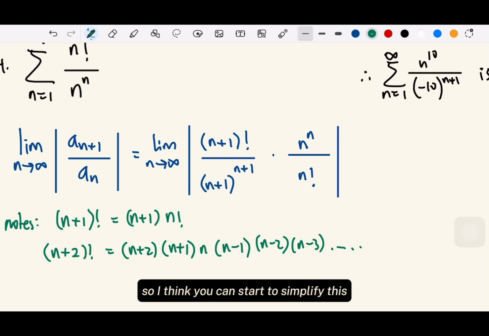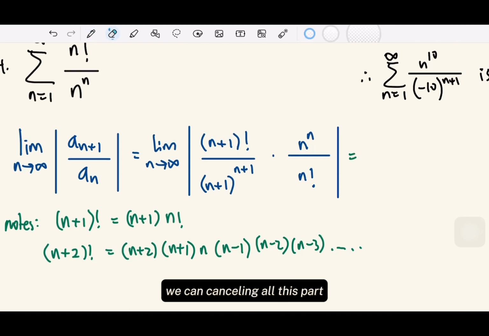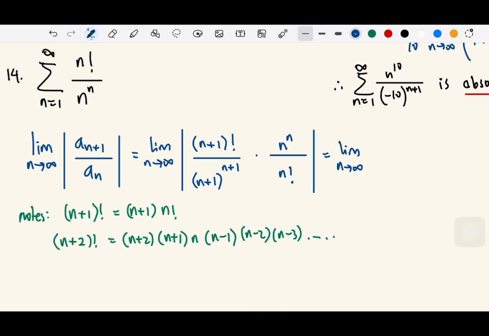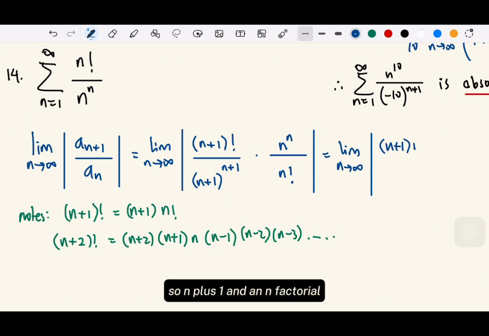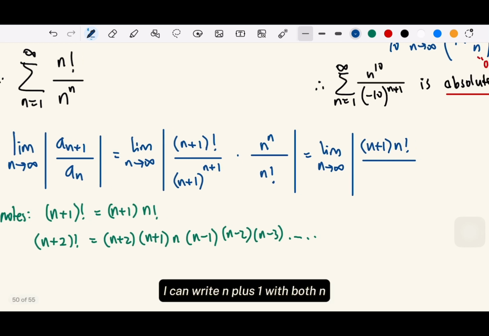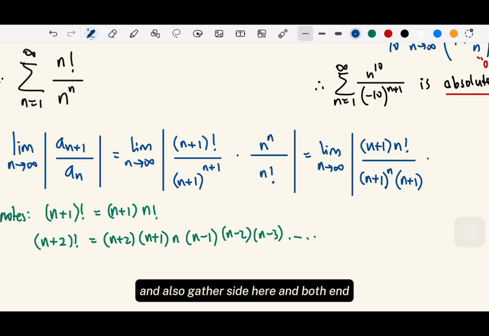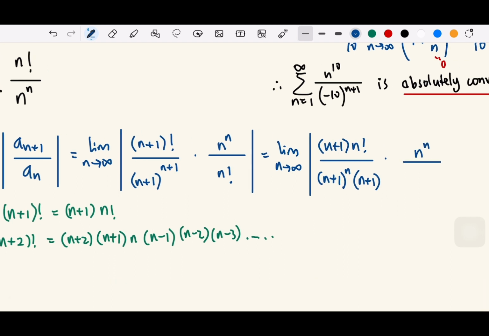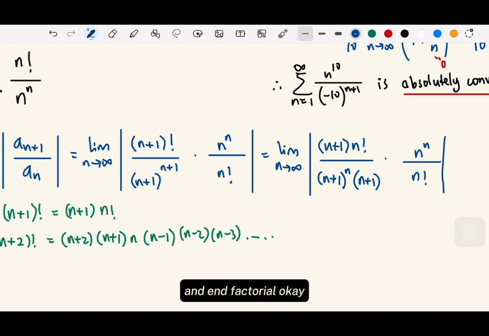So I think we can start to simplify this, canceling all this part. So (n+1) and then n factorial. And for the bottom, I can write (n+1) with power of n and then multiply (n+1), and the other side here is n^n and then n factorial.